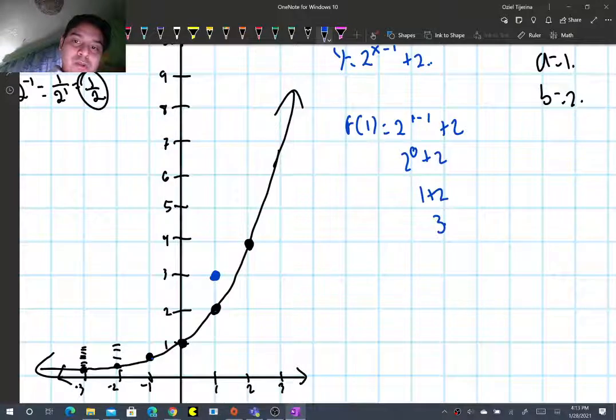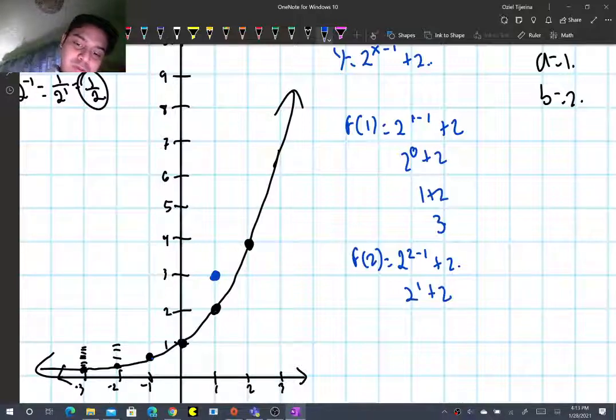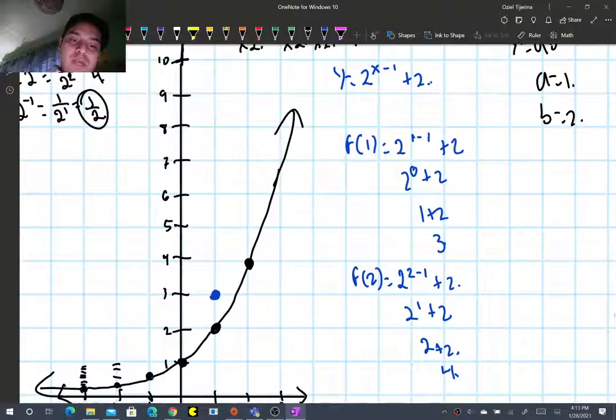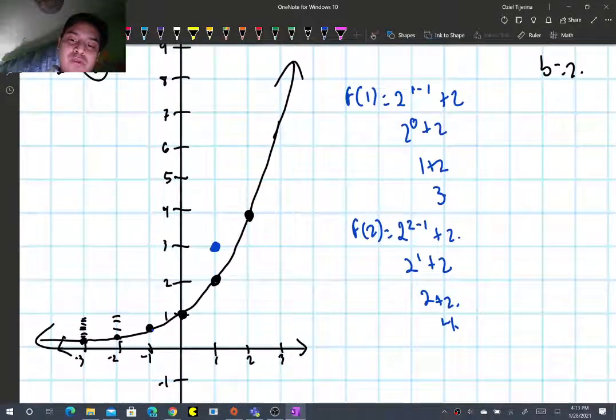So f of 2 would be 2 to the 2 minus 1, plus 2, and then you would say 2 to the 1 plus 2. That's just 2 plus 2, which is 4. So for 2 you would say 4, right?